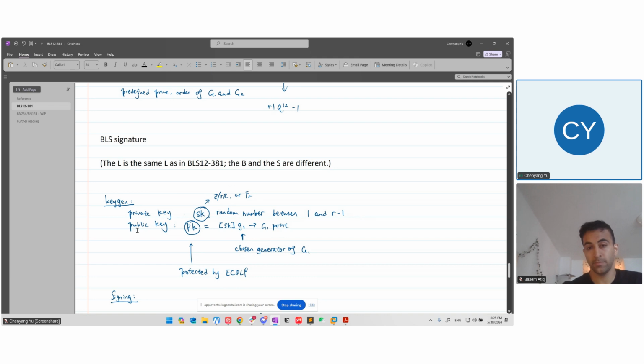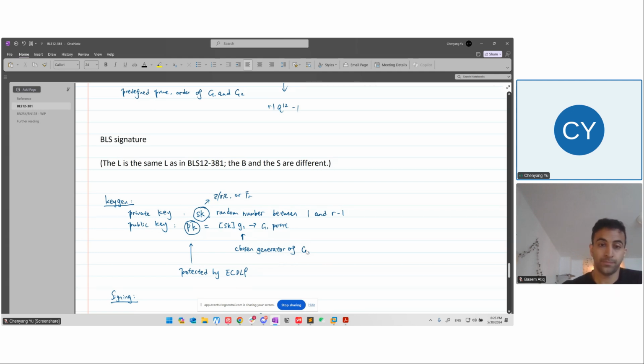How to compute the public key? You just multiply the secret key, I mean scalar multiply, by G1, where G1 is the generator of the G1 subgroup. I think every non-identity element in G1 should be a generator. Why? Because of a corollary of Lagrange's theorem.